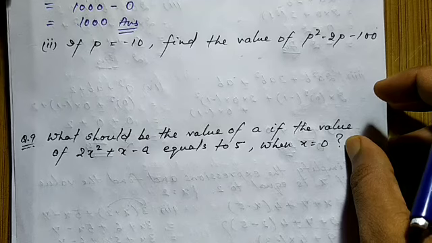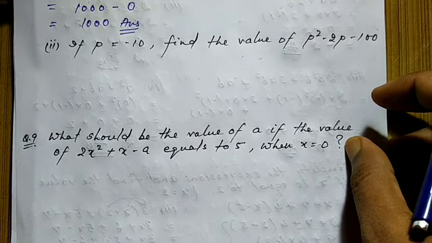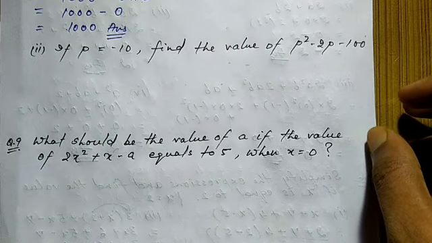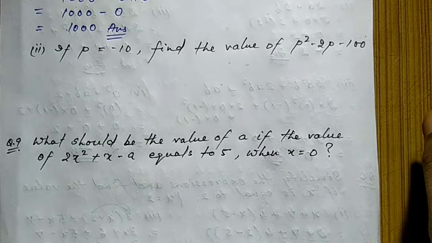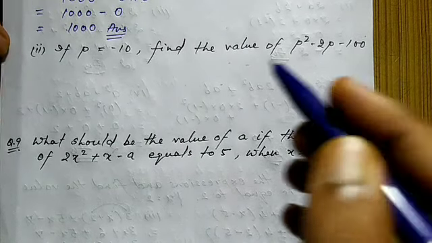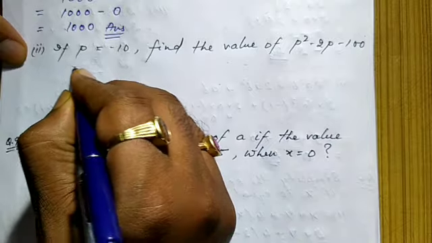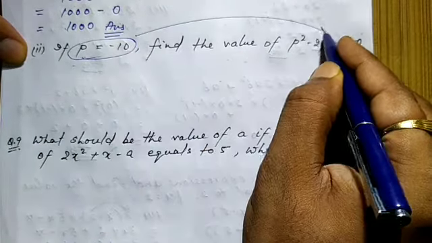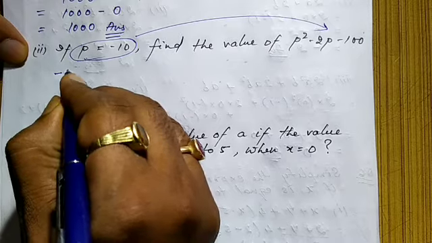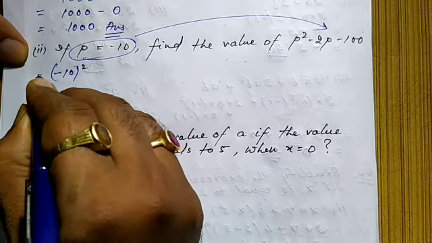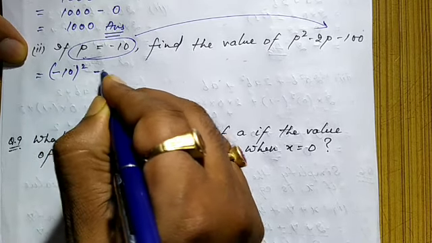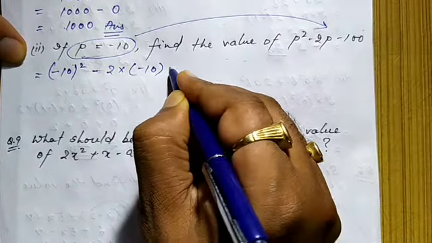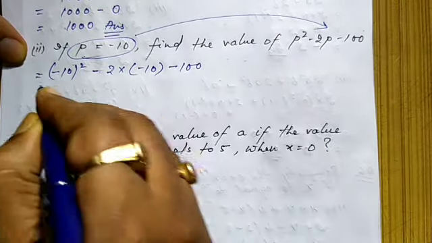Now next one, p is equal to minus 10. If p is equal to minus 10, find the value of p square minus 2p minus 100. Okay, so put p is equal to minus 10 in this expression: minus 10 whole square, minus 2 into minus 10, minus 100.